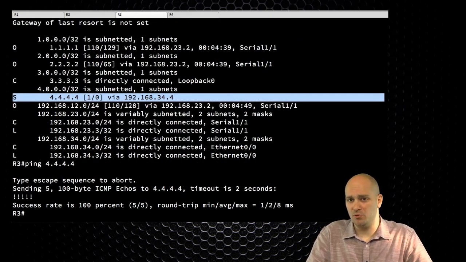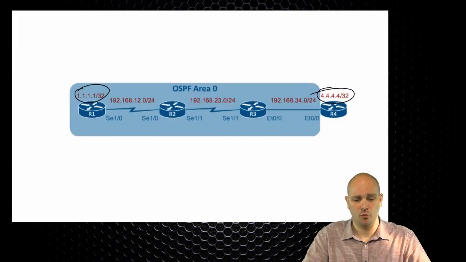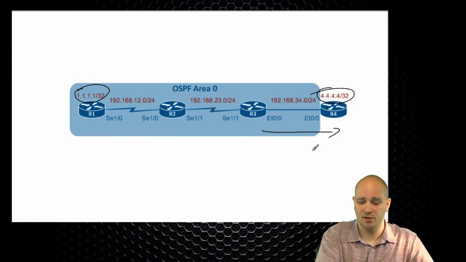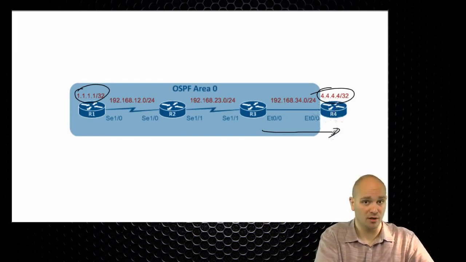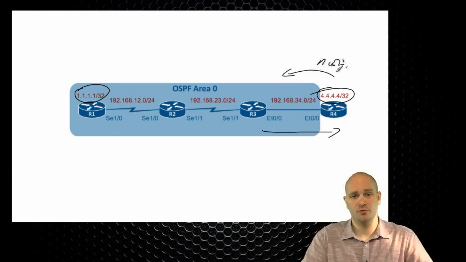So a natural assumption here would be to think, is it R3 that has a static route to R4? And I mean, it's logical. Here we have R3. It has a static route to reach R4's loopback because R4 is obviously not running OSPF, and R4 has the default route back. So we do have some reachability there.